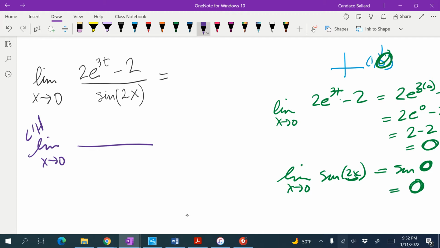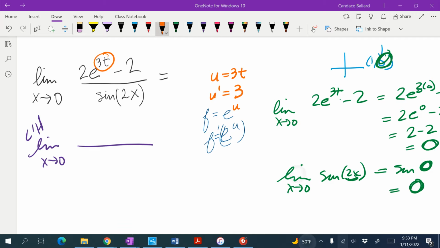It does look like I have a little bit of a chain rule going on right here. So my u is going to be 3t, u prime is going to be 3. If I wanted to do the f thing, f equals e to the u. The derivative of that is f prime equals e to the u times the derivative of the inside, which is 3.